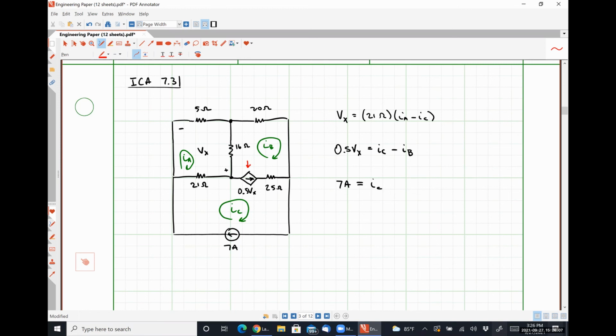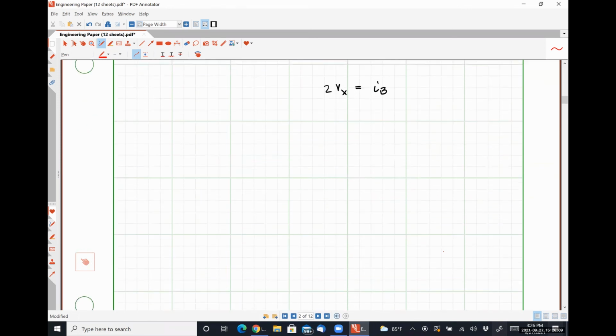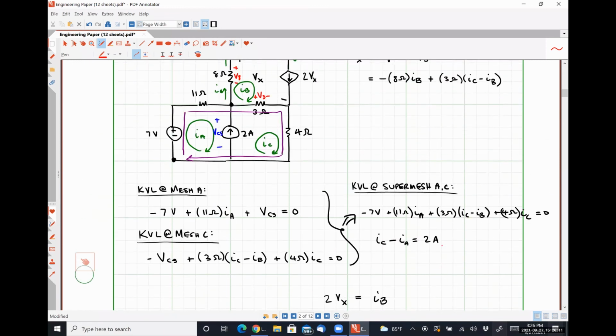Okay, so let me scroll up to the previous page so that we can kind of review what I did. All right. So I said there is a current source between mesh A and mesh C. So I'm going to create a path around it so that I don't have to take the voltage drop over that current source, right?